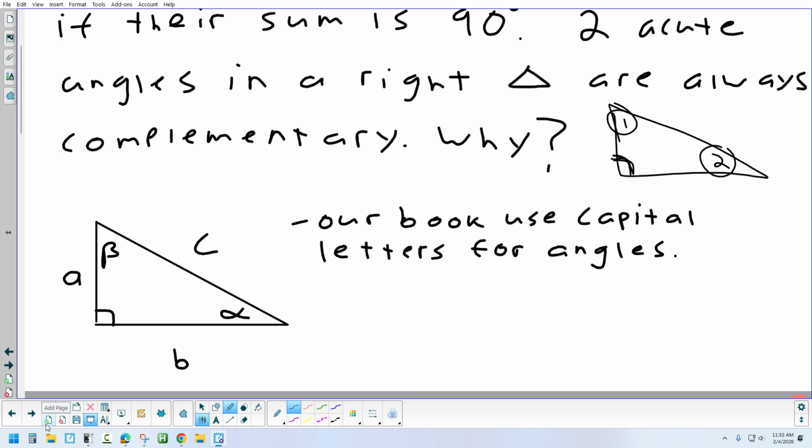I don't like using English letters for the angles, because sometimes a book will use a capital C for a side and a lowercase c for an angle. Well, to me, a capital and lowercase c can look the same. So that can be confusing, unless you have other letters to see how big it is compared to those letters. So Greek letters for angles, English letters for sides. That's how we'll do it.